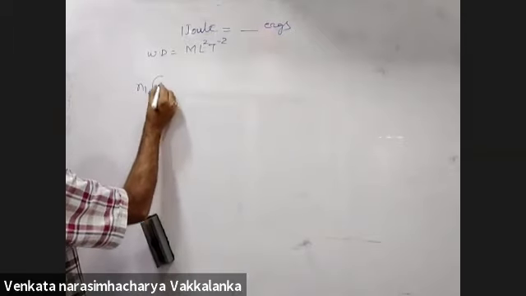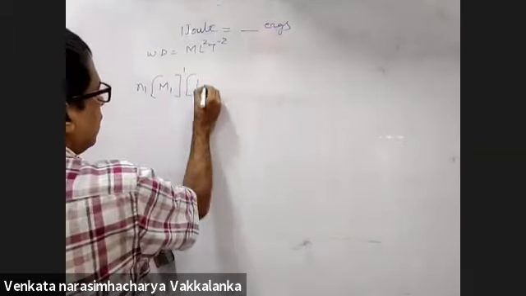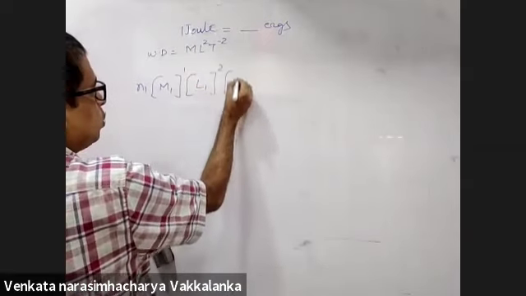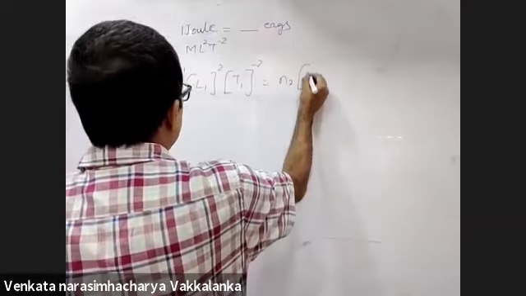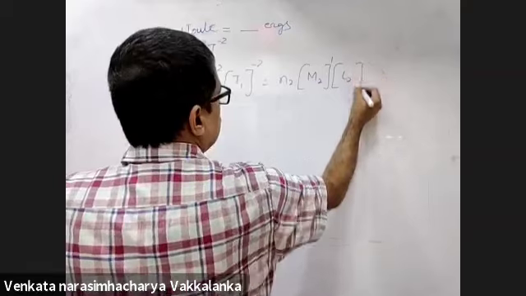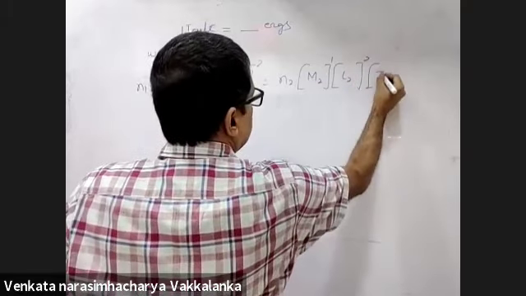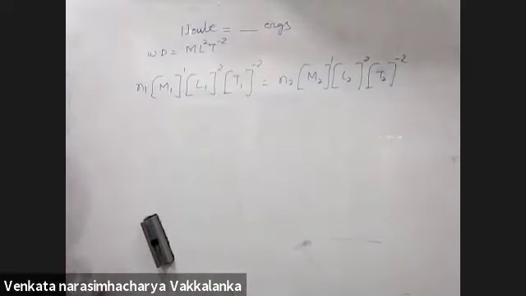So M1 to the power 1, L1 to the power 2, T1 to the power minus 2 is M2 to the power 1, L2 to the power 2, T2 to the power minus 2. Now you know what is to be done.